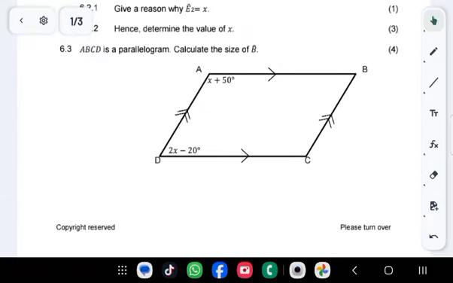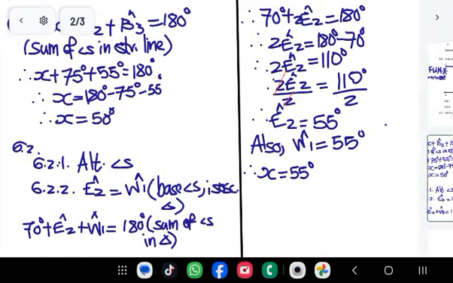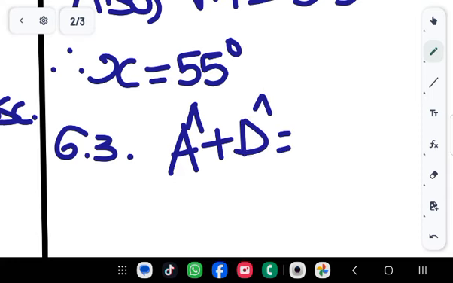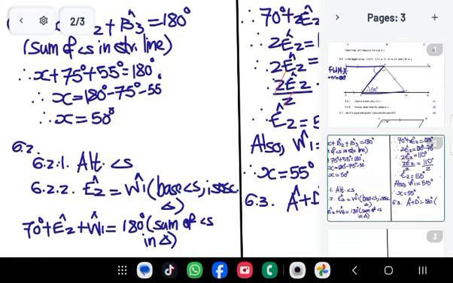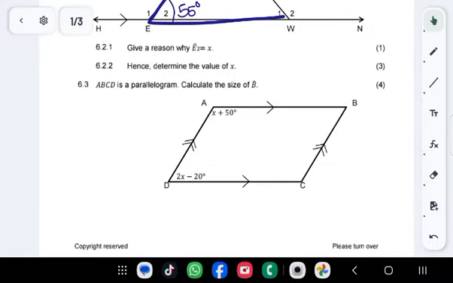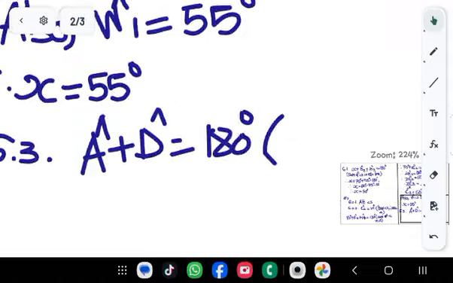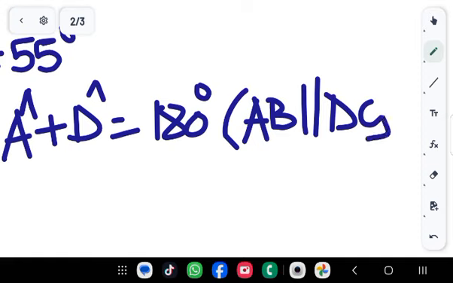So we know that angle A plus angle D is equal to 180 degrees. The reason is we've got parallel lines, AB parallel to DC, co-interior angles.